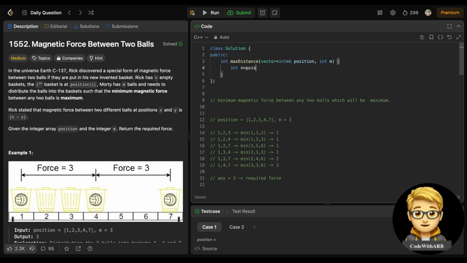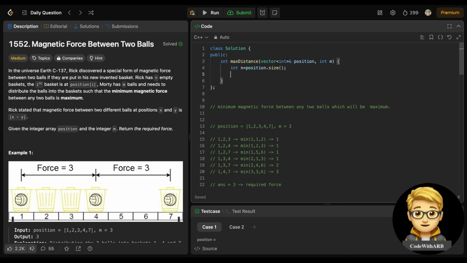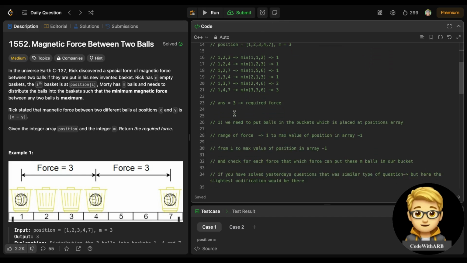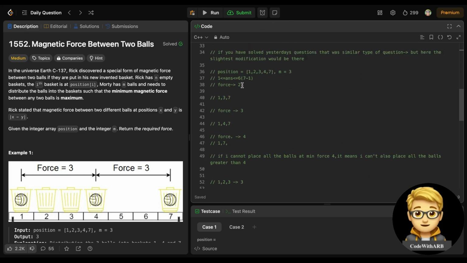It's the same process as the previous, yesterday's question, right? So we will just solve this question according to that. The first thing is we need to sort it. Why do we need to sort it?